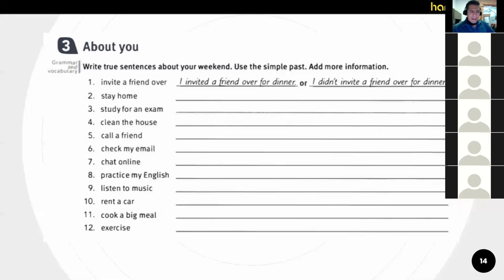John, what about the number 7? Number 7. Last week I chat online with a friend to ask him about a recipe. Once again, emphasize a little bit more the verb. Okay. Last week I chat with a friend online to ask him about a recipe.